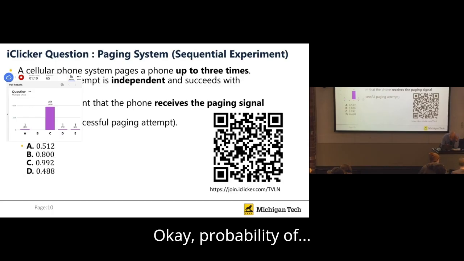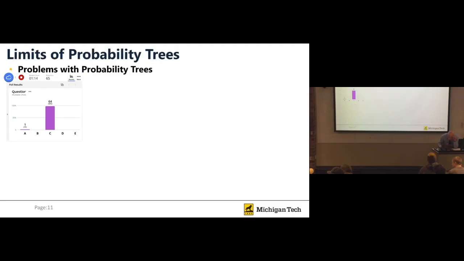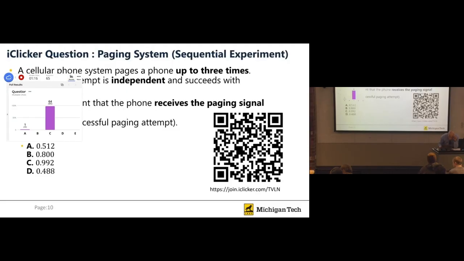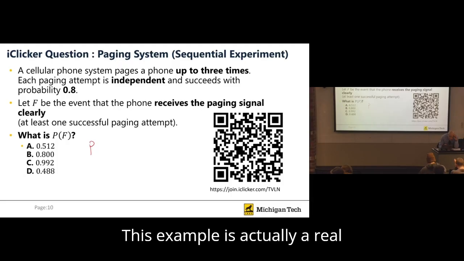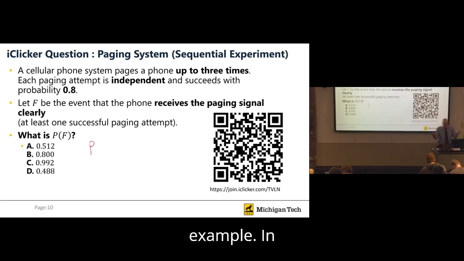Okay, probability of... away. Okay, so what we want to find, this example is actually a real example.